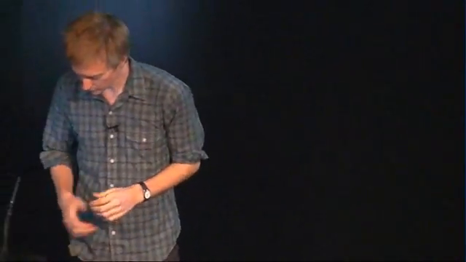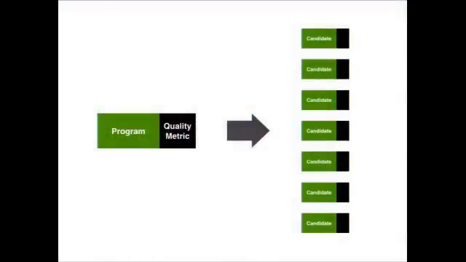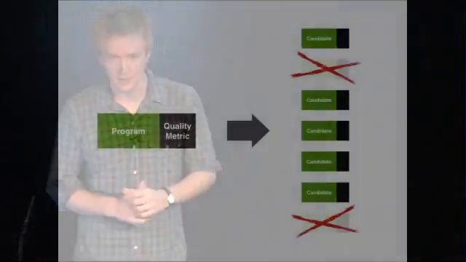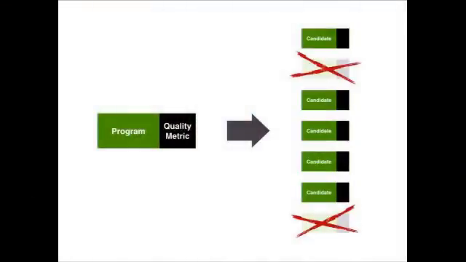So the high-level idea, of course, is to produce lots and lots of candidates using a heuristically selected subset of all the possible transformations on a program, and to eliminate those that don't meet the quality requirements given by the programmer. So you give us a quality metric, and we'll try to eliminate those configurations of the program, those transformations that led to really high error.